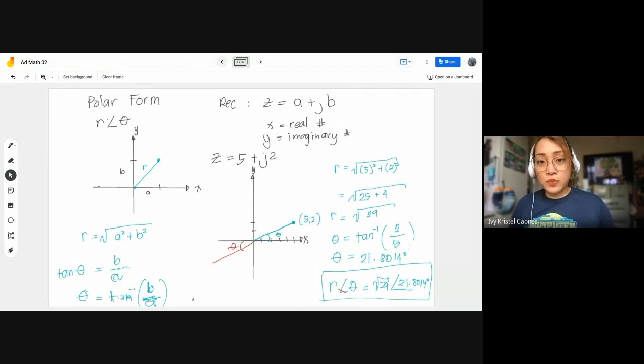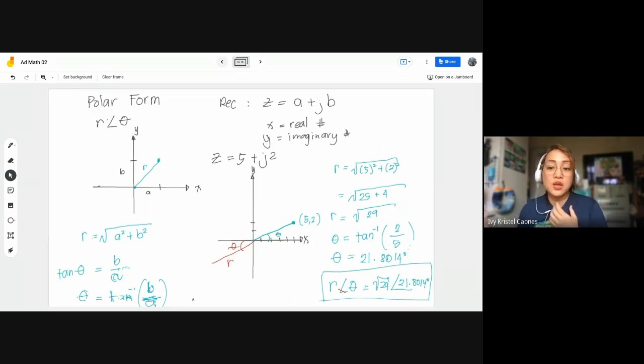Bisecting angle. So, you can still use 21.8014 because this is the same angle, but you will include quadrant 3, indicating that your r is located in quadrant 3.